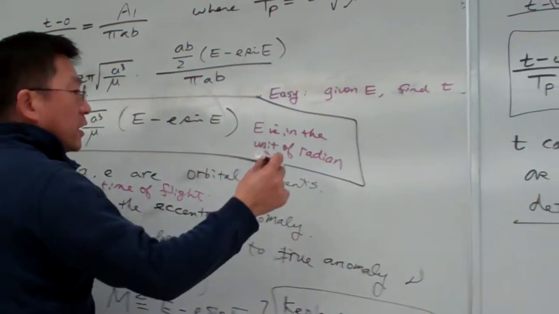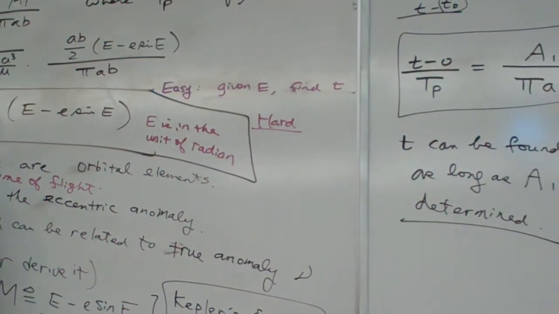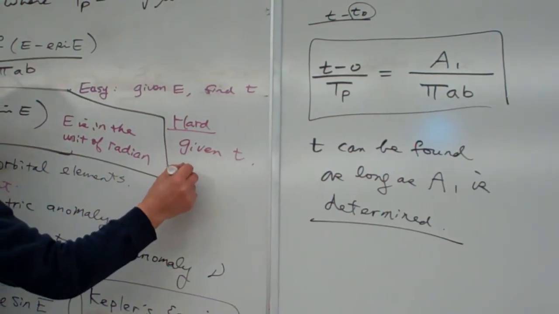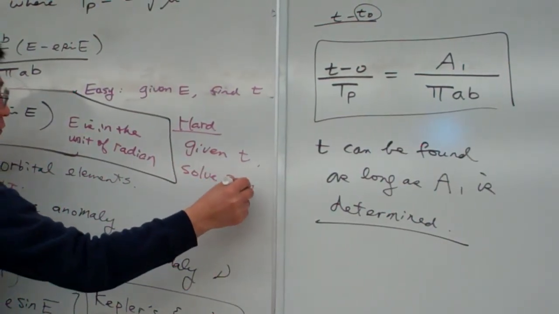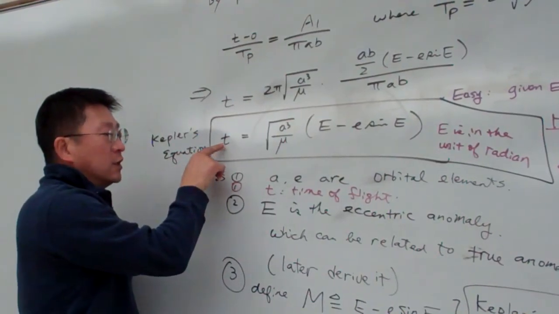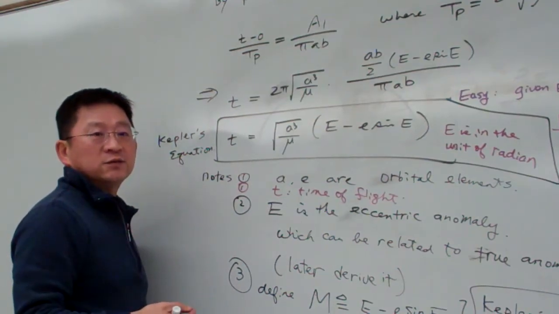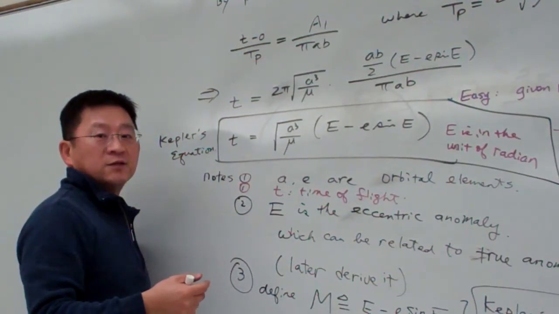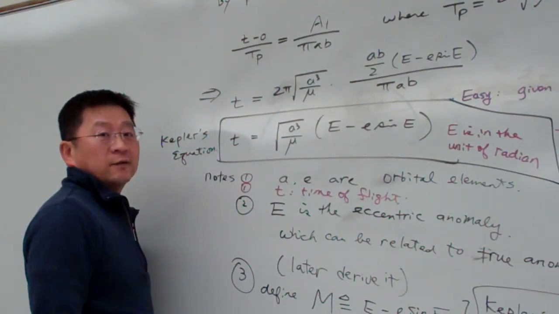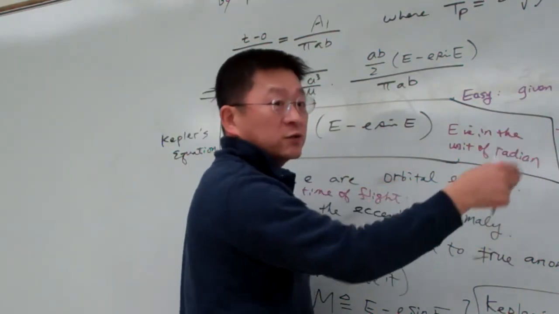Under this case, you can see the hard one is this. We are given T and solve for E. If we know the values of e and T and solve for E, this is a transcendental function. I don't know how to solve it by hand. So that is the hard one. The hard one is hard in terms of computational rigor.